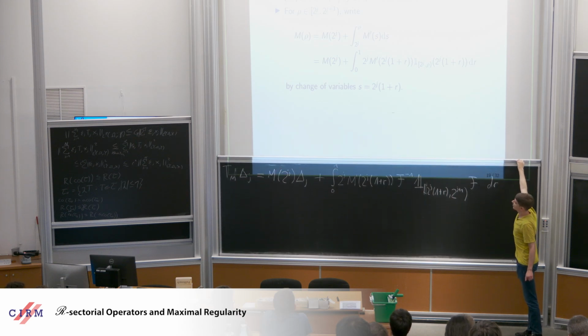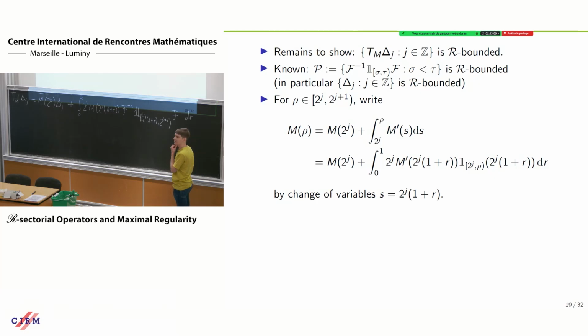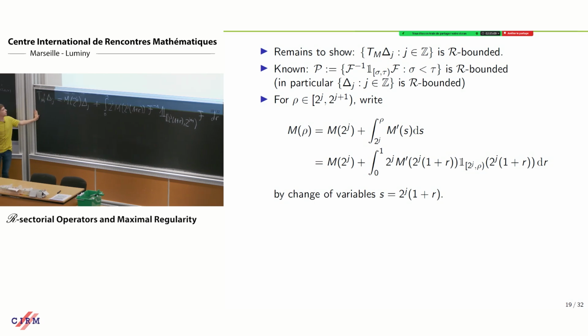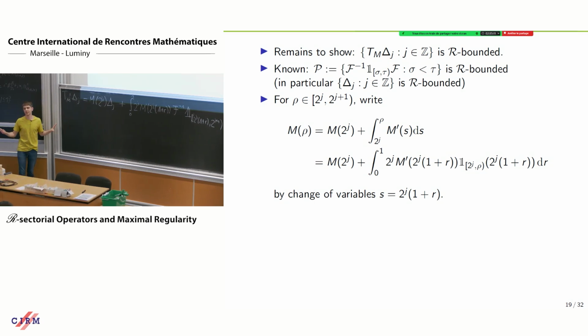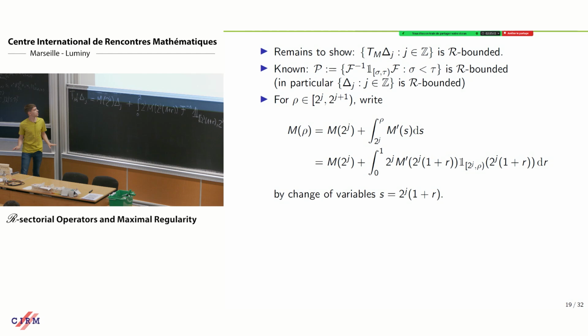And now the next step would be to estimate the R bound of that. And for that, we use the elementary properties of the R bound we had earlier, so that we have some kind of triangle inequality and we have some sub-multiplicativity.